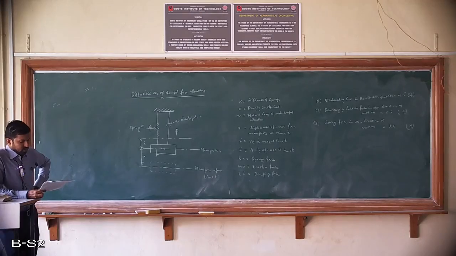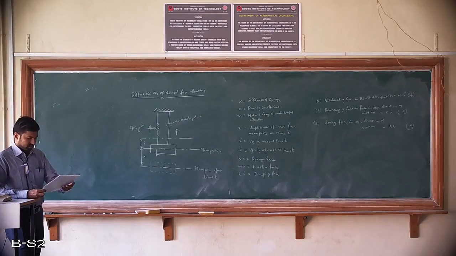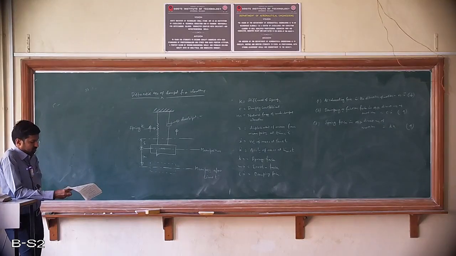Next, take down. For dynamic equilibrium of a body, the sum of inertia force and the external forces in any direction should be 0.